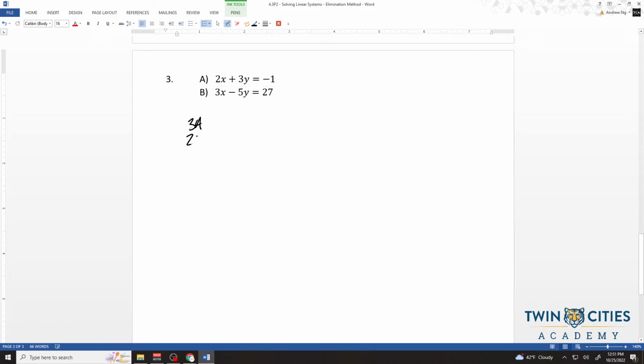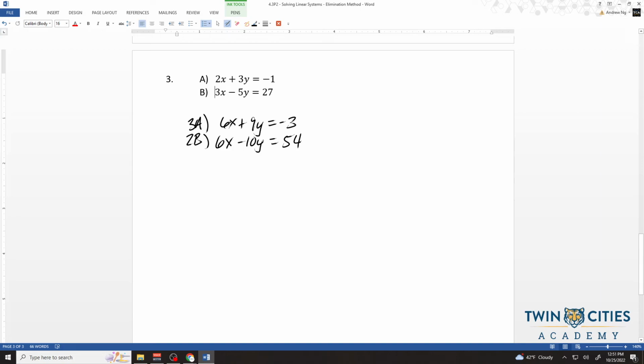If I multiply A by 3, this will make 6x plus 9y equals negative 3. And then multiplying everything in B by 2, this is 6x minus 10y equals 54.